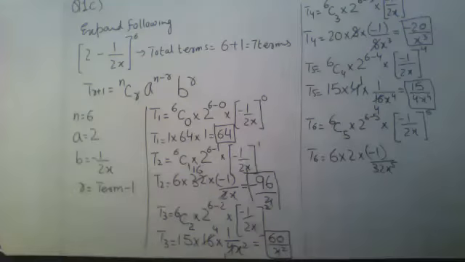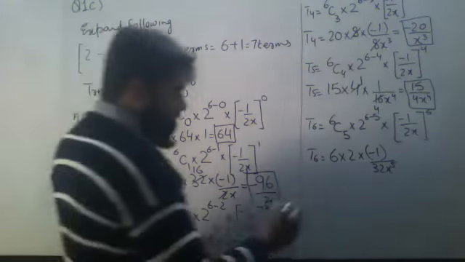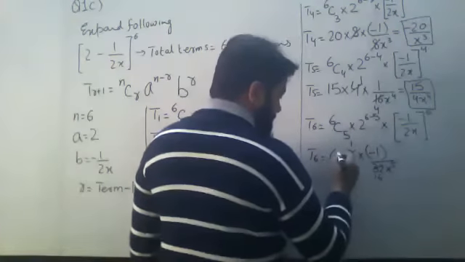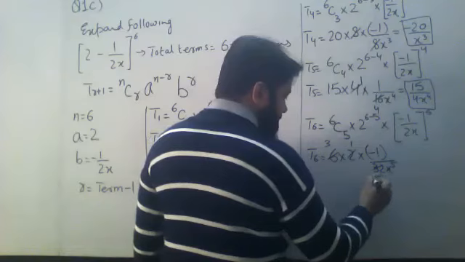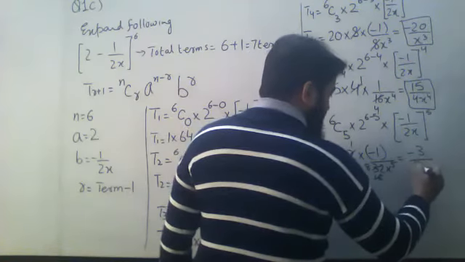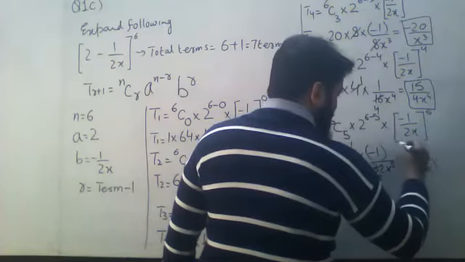Okay? So when I simplify it, 2 ones are 2, 2 sixteens, 2 threes are 8. So minus 3 over 8x5.